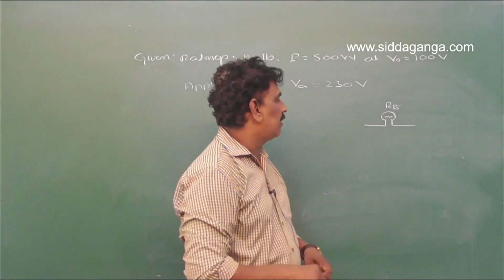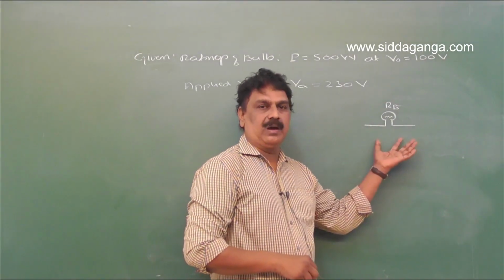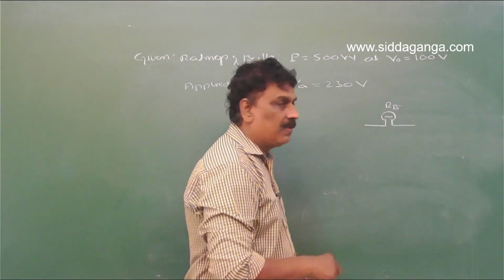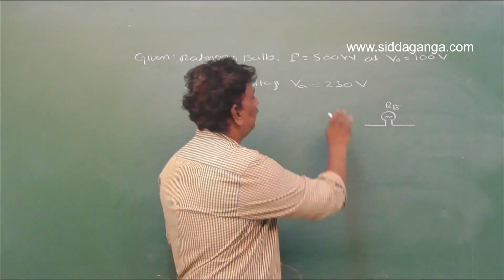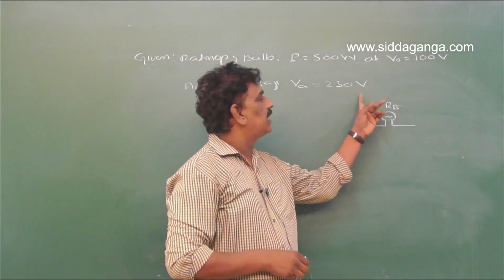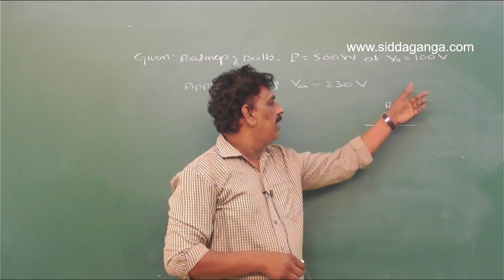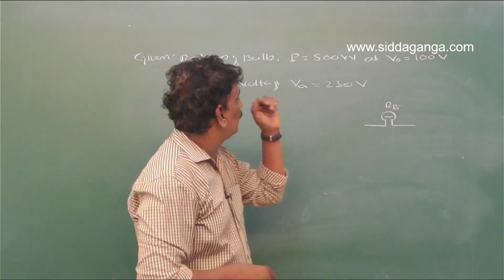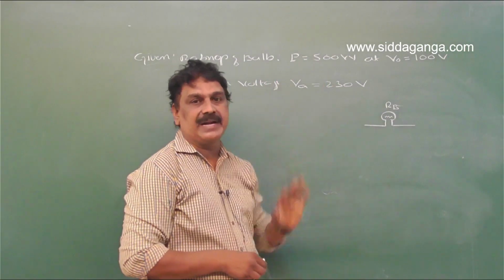Therefore, if we have a bulb with resistance RB, and 230 volt is connected, it cannot withstand that 230 volt. Therefore, we have to divide this 230 volt so that out of 230 volt, 100 volt will appear across the bulb so that it can glow to the maximum power of 500 watt.